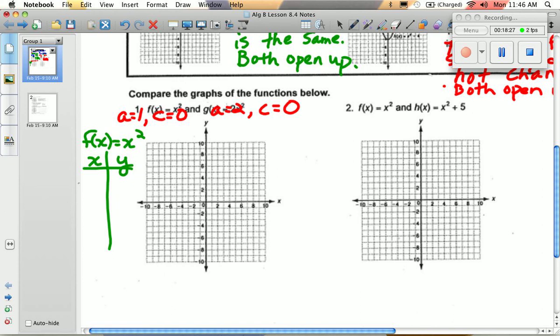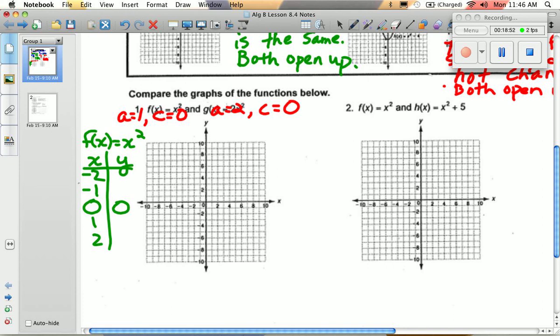If the vertex is at (0, 0), we already know that, and we know the y-intercept is (0, 0), so 0 is going to be in our table. We're going to put that in the middle of our table. We're going to do negative 1 and negative 2 above, and positive 1 and positive 2 below.